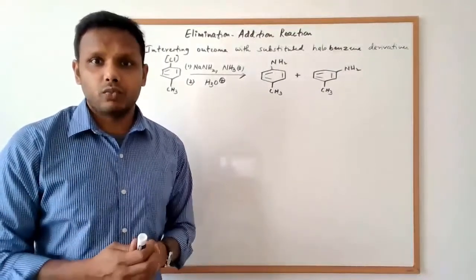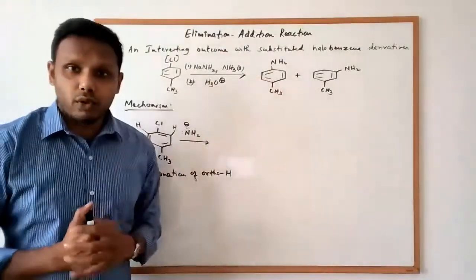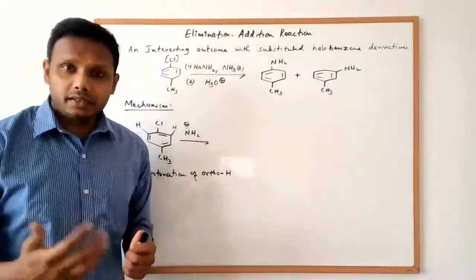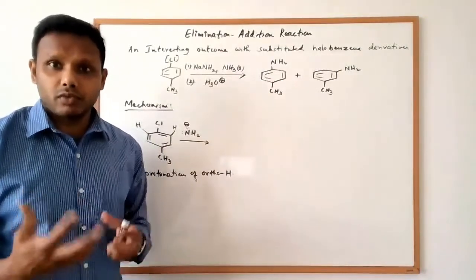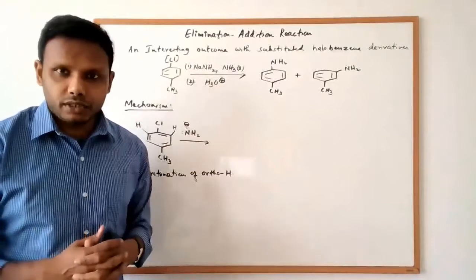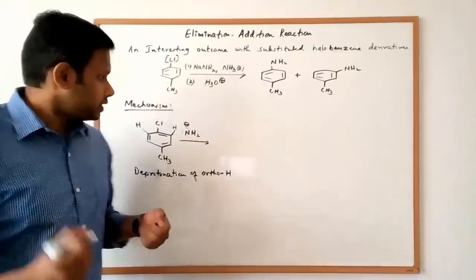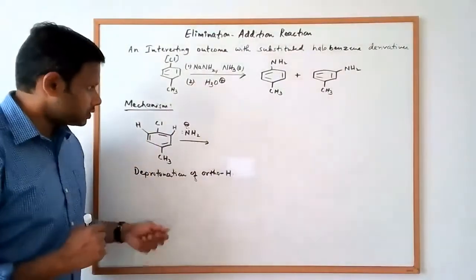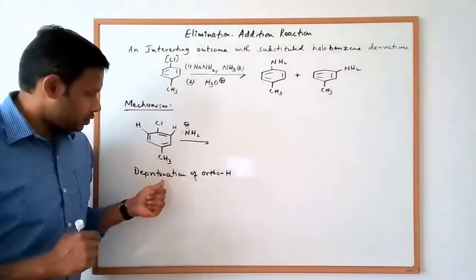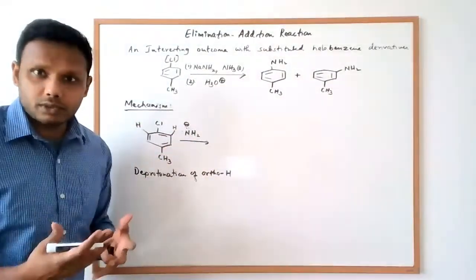To explain the formation of both these products, scientists had to come up with a very innovative mechanism that involves a very weird looking intermediate. This is a very high energy intermediate. What they suggested is that the first step in the mechanism involves the deprotonation of an ortho hydrogen by the base in this reaction.